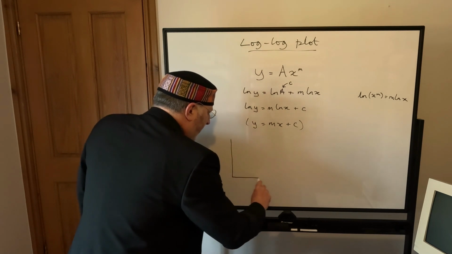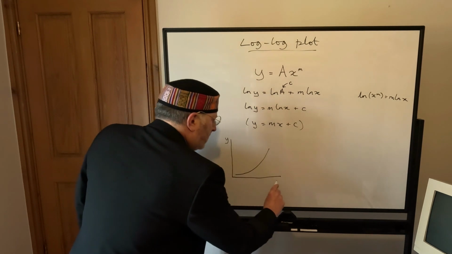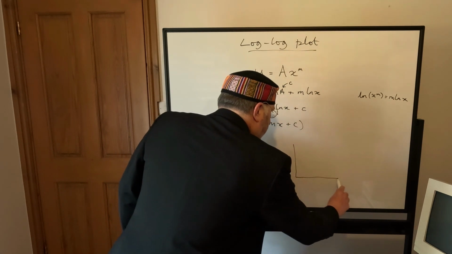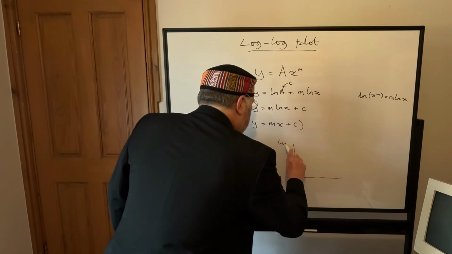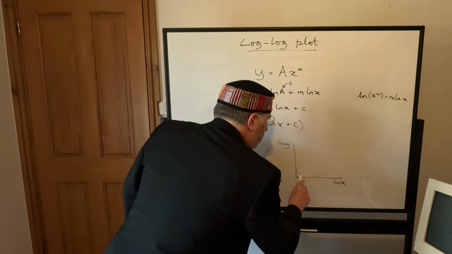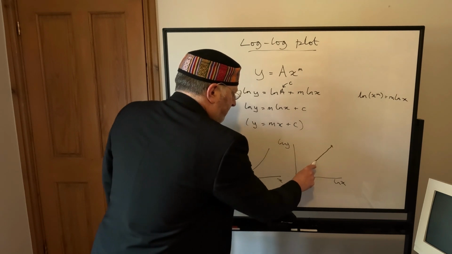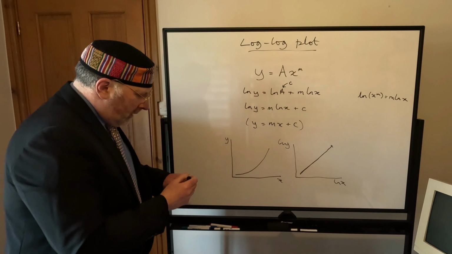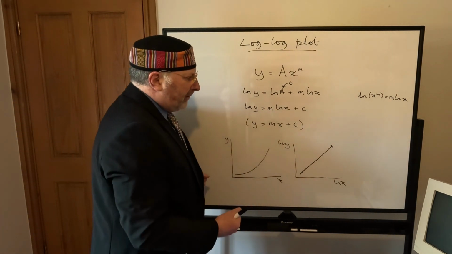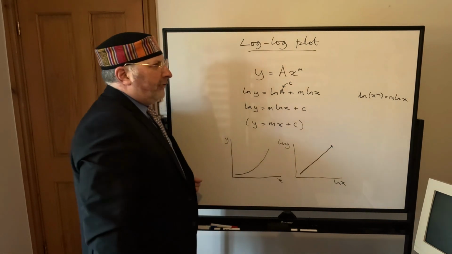So if we have a power law and we just plot y against x, it will look something like that. But if we plot log of y against log of x, we'll get a straight line. So on a double logarithmic plot with both axes logarithmic, a power law will appear as a straight line.